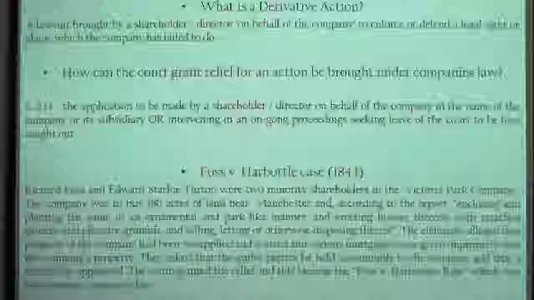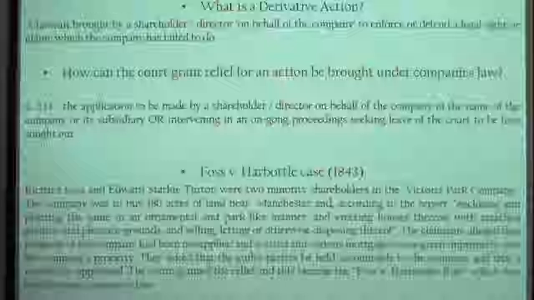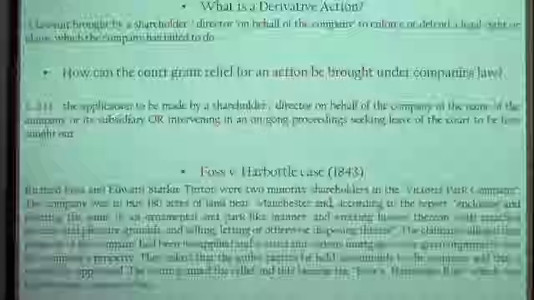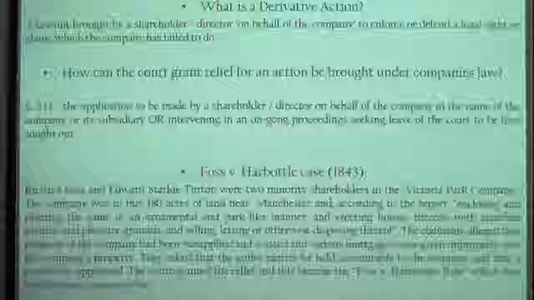Now, how can the court grant relief for an action brought under the company's law? Section 235 is very clear, where it says that the application is to be made by either a shareholder or a director on behalf of the company and in the name of the company or its subsidiary, or intervening in ongoing proceedings, with leave of the court to be first sought.